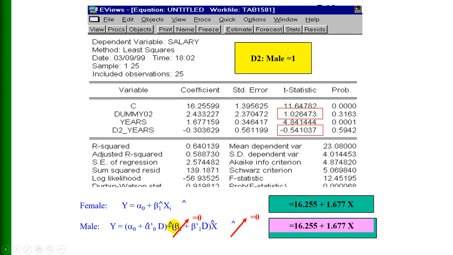Again this is equal to 0 and this is equal to 0, so we have 16.255 and 1.655. This coefficient is equal to 0 and this coefficient is equal to 0, so we have the same.